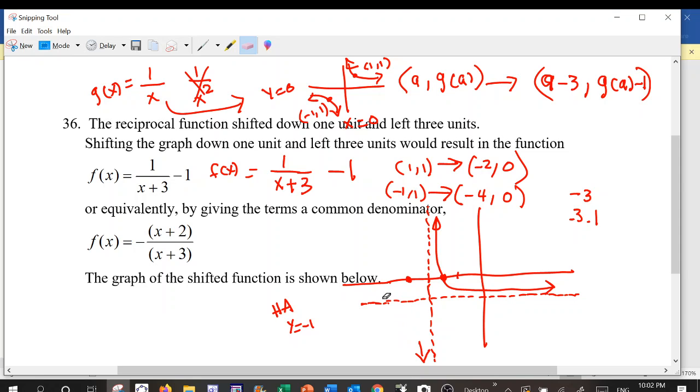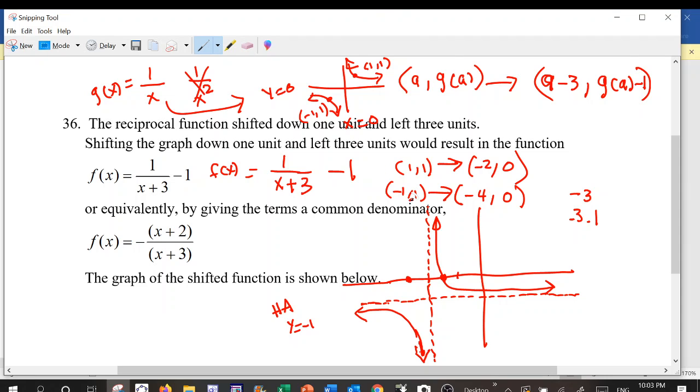And then this is going to approach like that, right? Oh, my fault here.